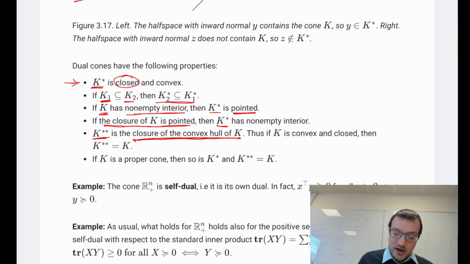So that means, however, that if we start with a K that is convex and closed, then the double dual is actually the original set, okay, the original cone.